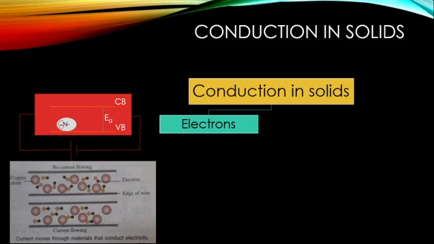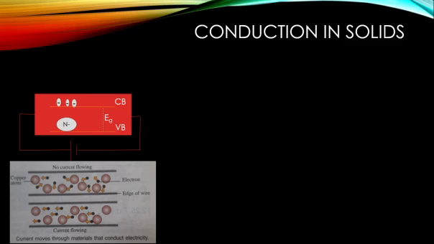While some electrons are bonded inside the atoms in the valence band. So what will happen to those electrons? They will get sufficient energy from the external applied voltage, and then they will overcome the forbidden energy gap and become free electrons. So they will fill up the conduction band.